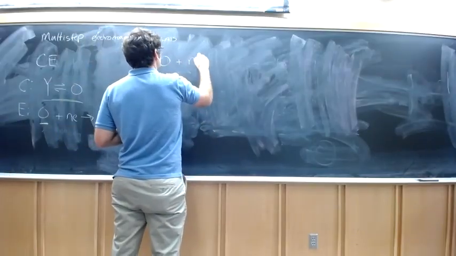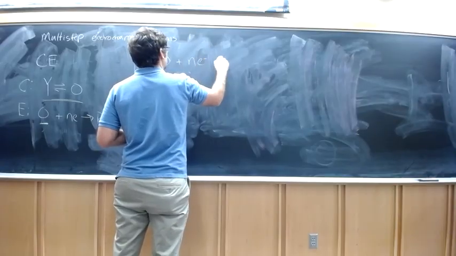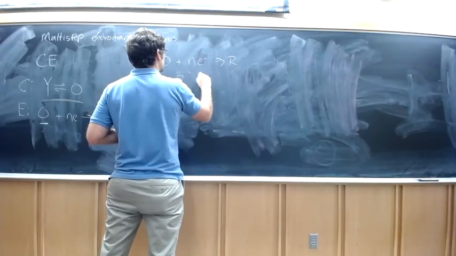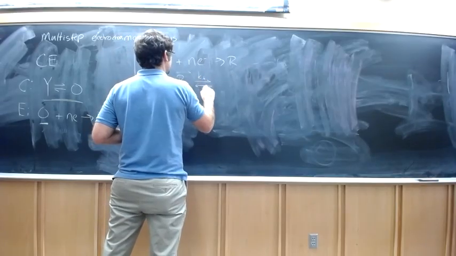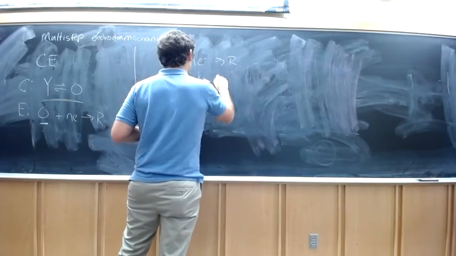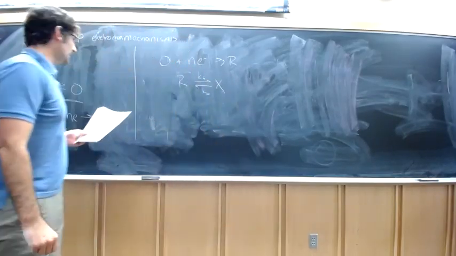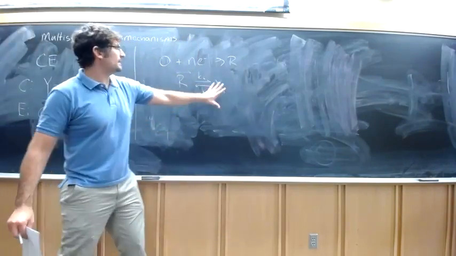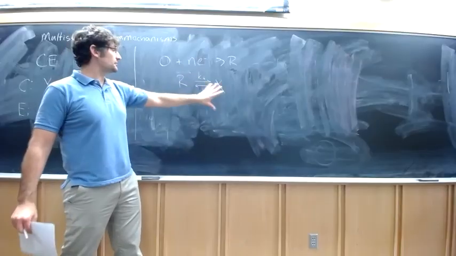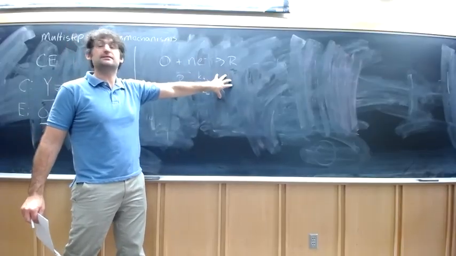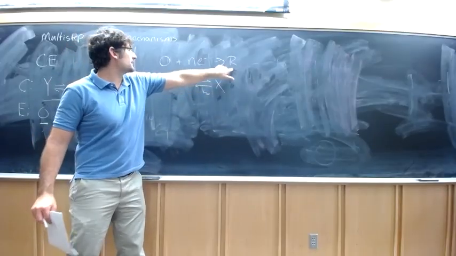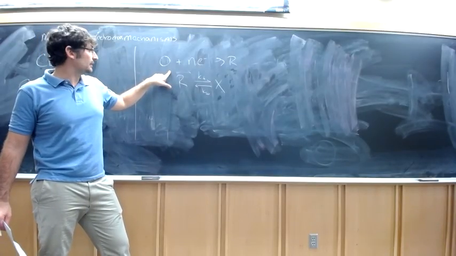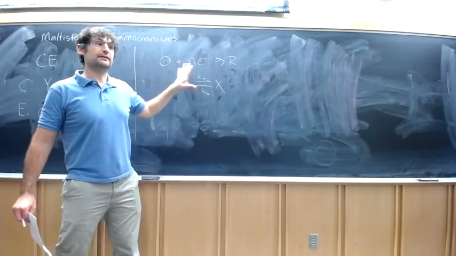So imagine O plus n electrons going to R, followed by R with some rate going to X. Okay? So here's another example, right? So you make R, but R has some following chemical reaction where it can make species X, and species X is non-electroactive, meaning X you can't oxidize back to O. Right? And there's going to be some rate constant here.